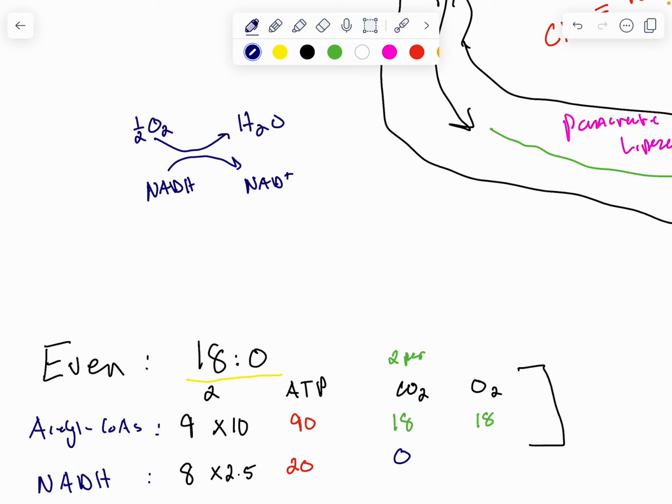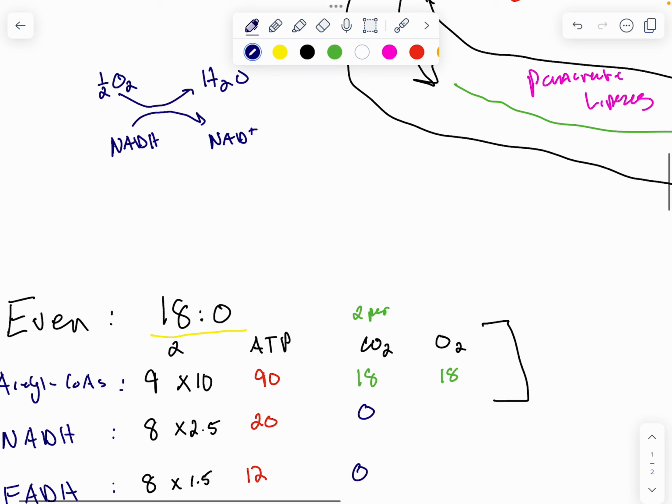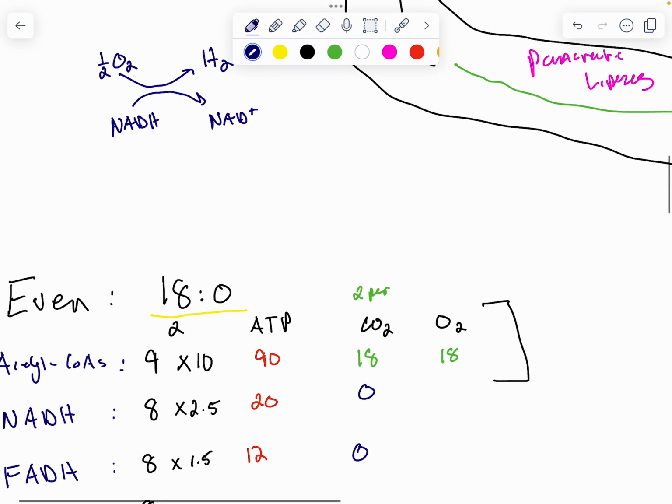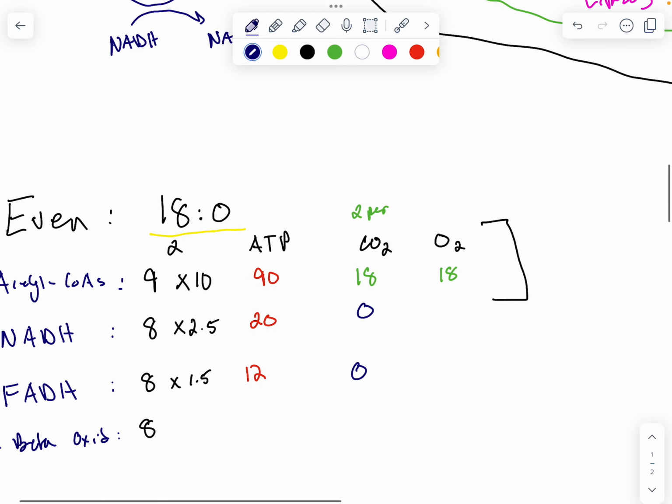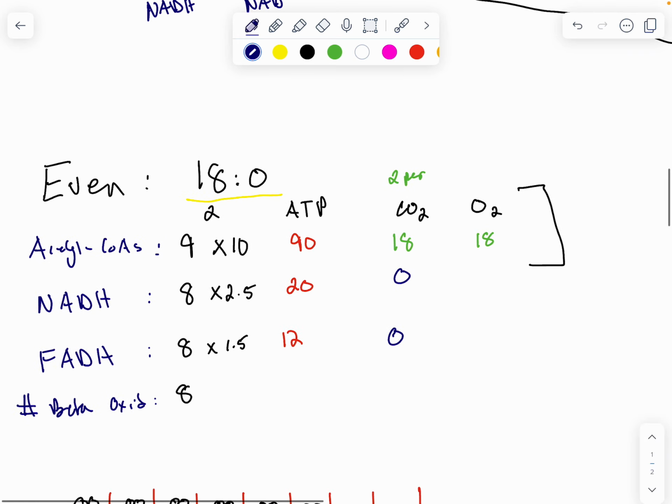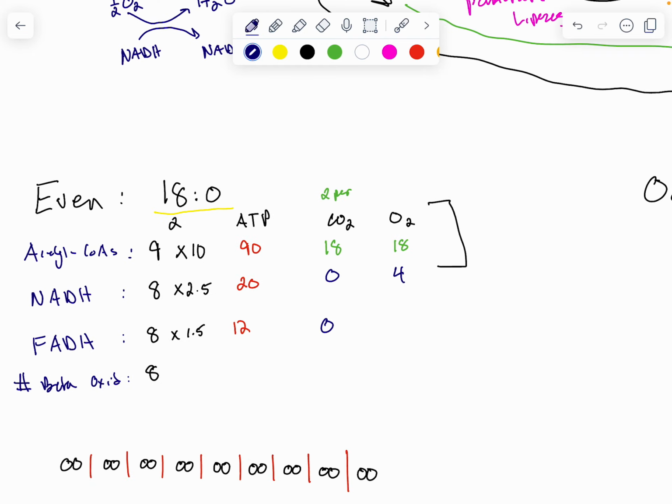If we know we're consuming 0.5 per redox reaction, we have 8 opportunities to do a redox reaction with NADH. If we do 8 times 0.5, we know we are consuming 4 moles of oxygen per 8, and we are also consuming 4 moles of oxygen per FADH.